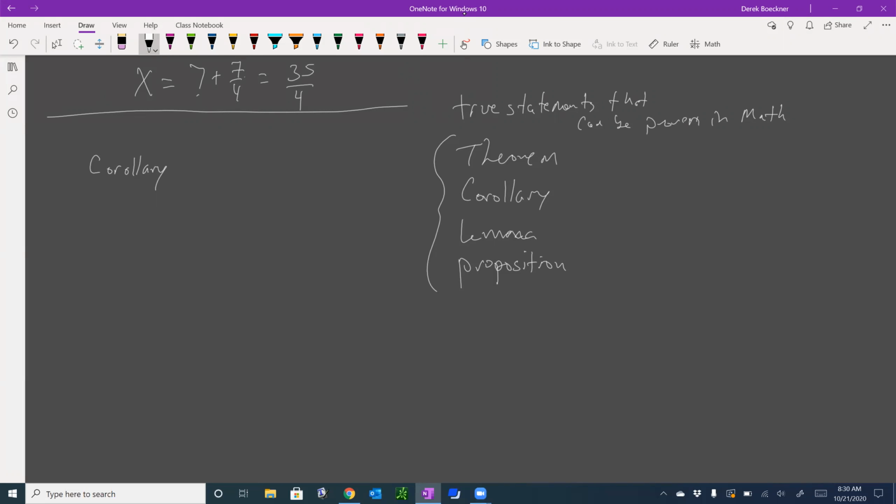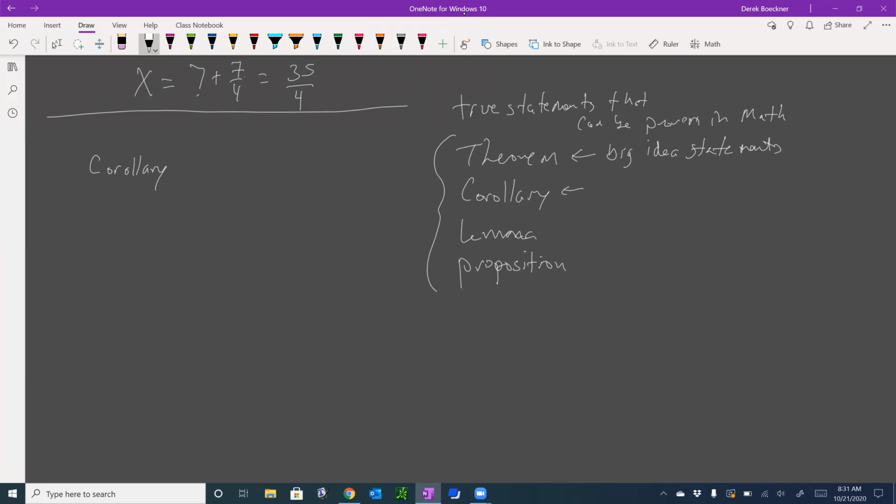Okay. The biggest ones, these are the theorems. These are big idea statements. Corollaries are applications or things that result from the theorem. Very, very short proofs.